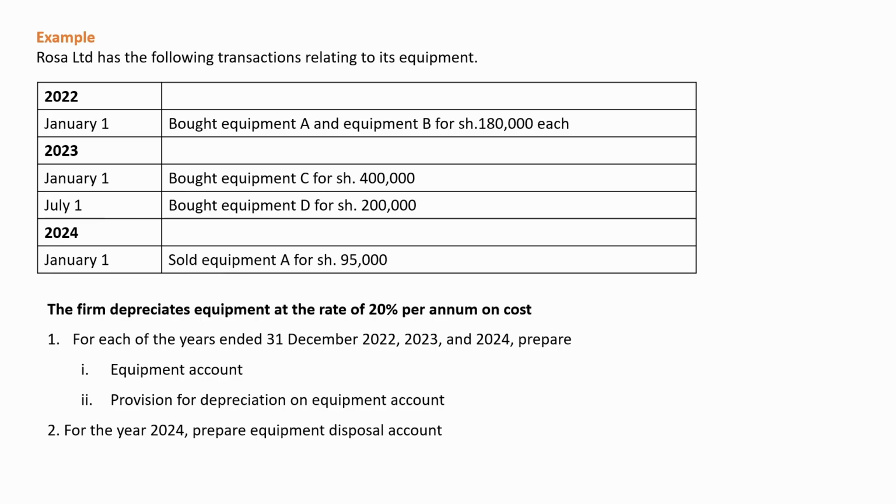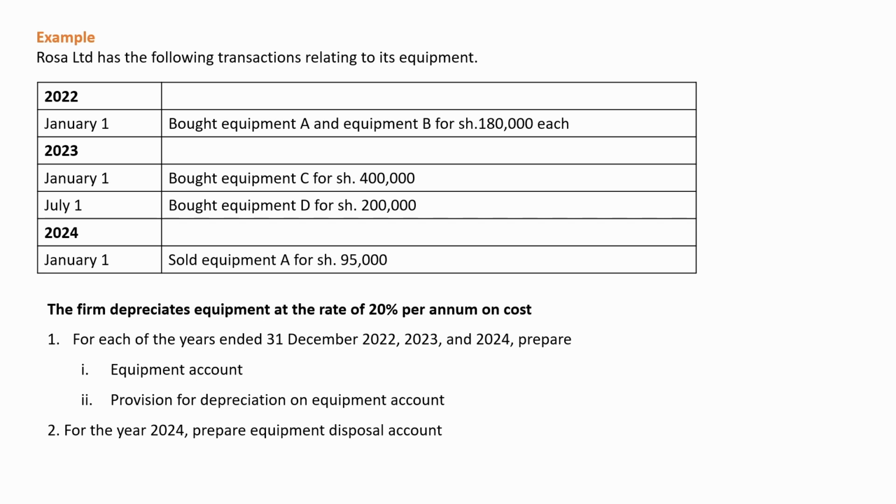If this asset was purchased on July 1st, how are you going to calculate depreciation? Because the year is supposed to end on 31st December. You purchased the asset on July 1st, so you have been with that asset for 6 months to the end of the year.